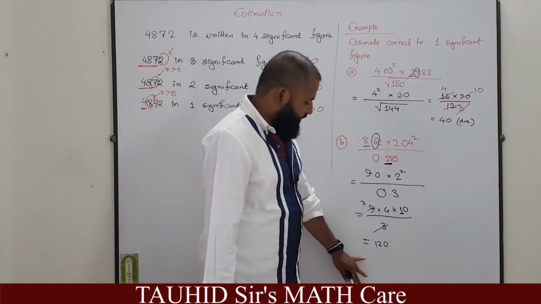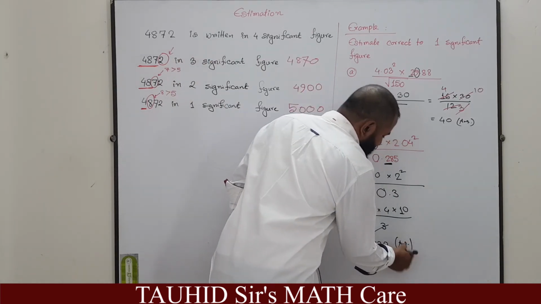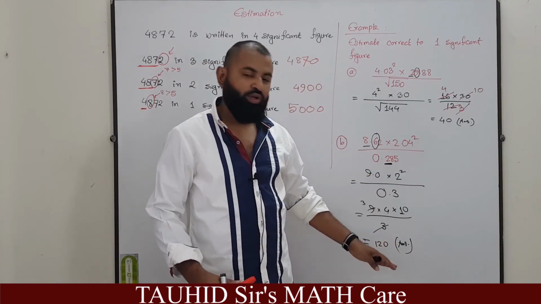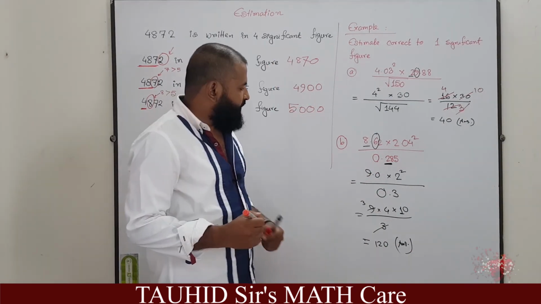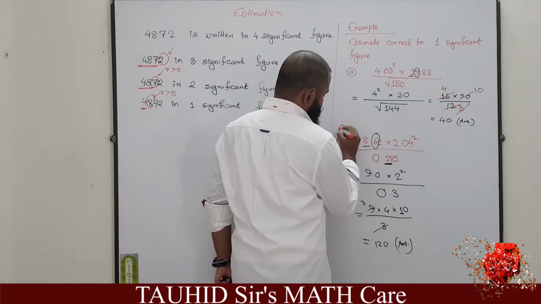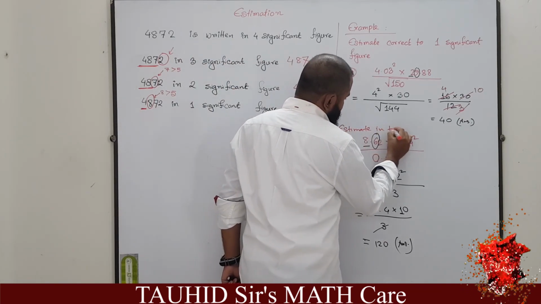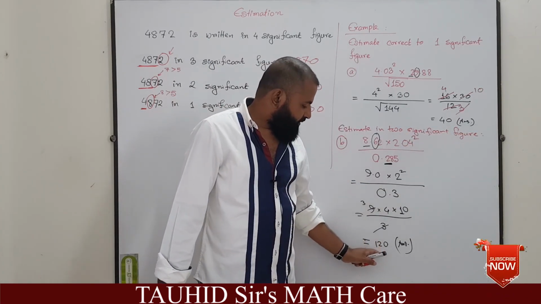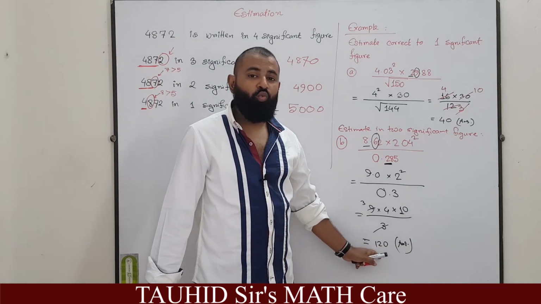This is our answer. If you are asked to estimate correct to one significant figure, it will turn into 100. But I prefer to change the question here: estimate in two significant figures. We get the answer in two significant figures as 120.